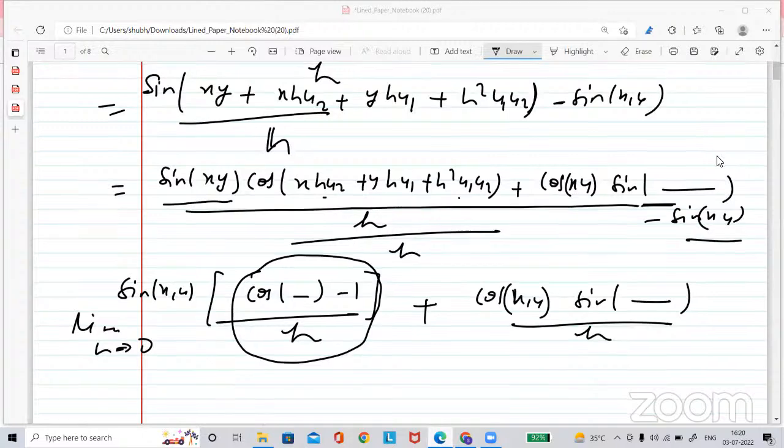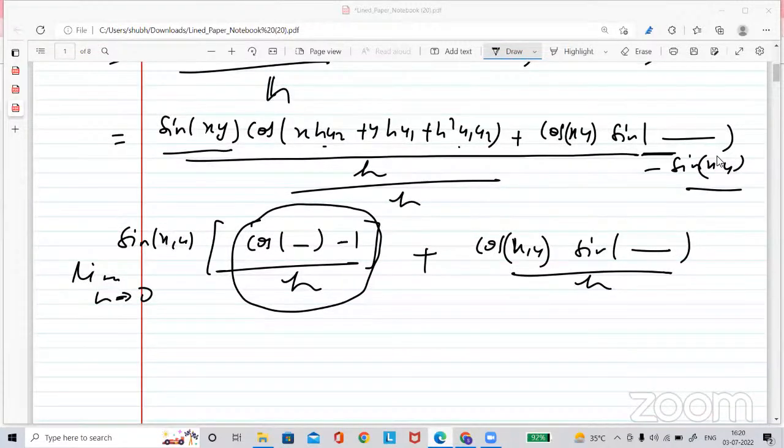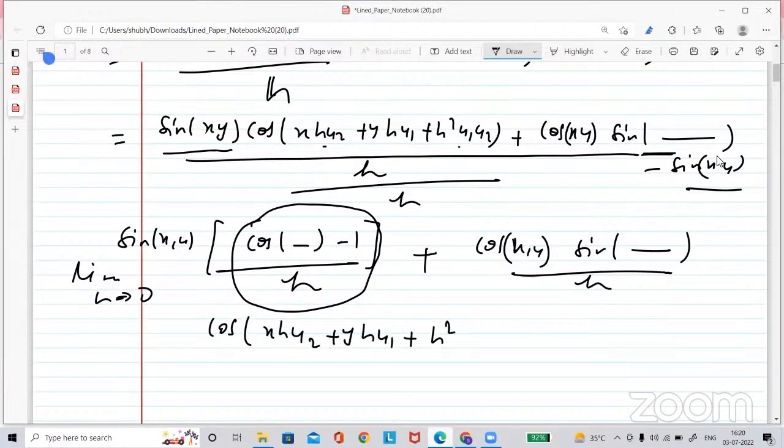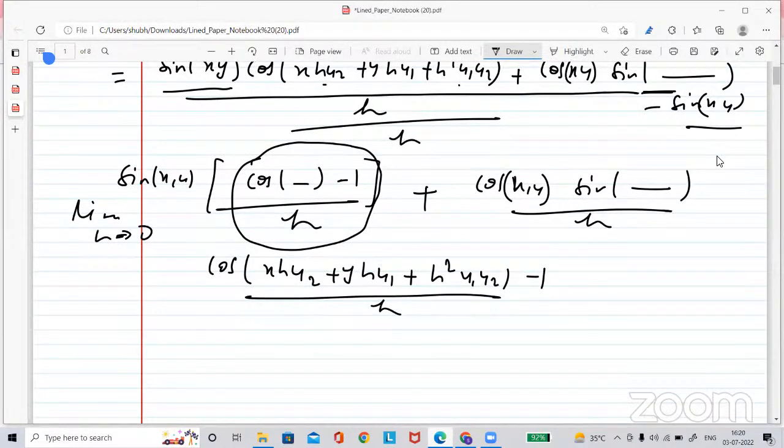Whatever x and y we know are not varying. We are getting an indeterminate form. What is this expression? It is cos of (x hu2 plus y hu1 plus h square u1 u2) minus 1 upon h. So if you substitute 0 here, to check the indeterminate form, you substitute 0.